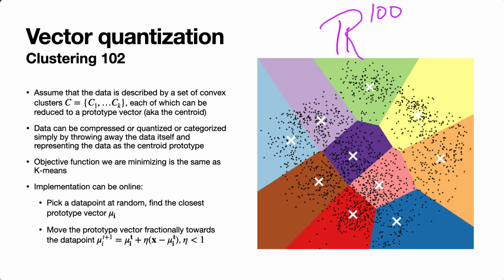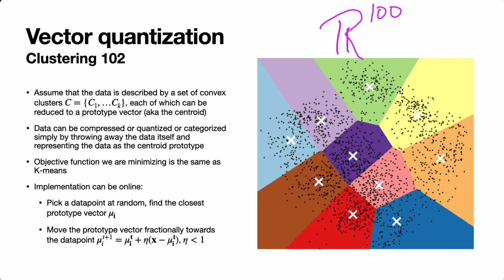This works remarkably well, and it is exactly the same math as k-means. In fact, you can also use this not just for quantizing an image to compress it, but for categorization, where we say, hey, whatever cluster you belong to is the category you belong to.